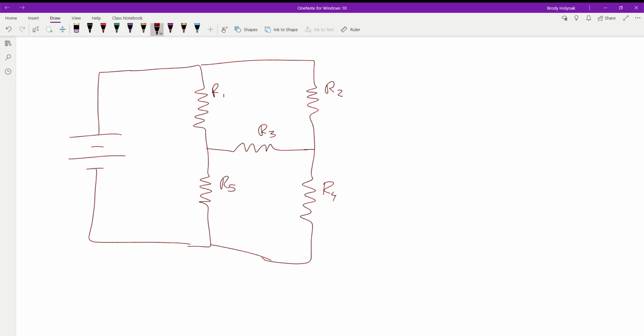Use Thevenin, but where are we going to take Thevenin? Any of the other four resistors. Does not matter. So I2 is 12.